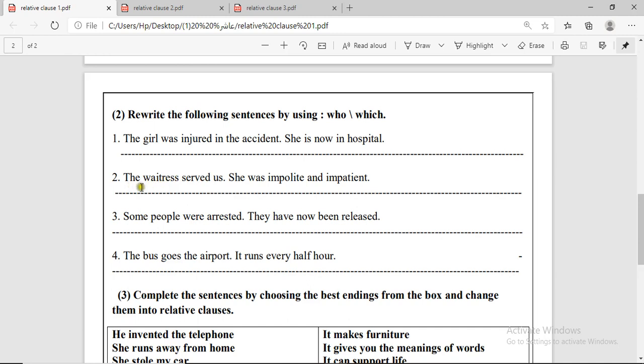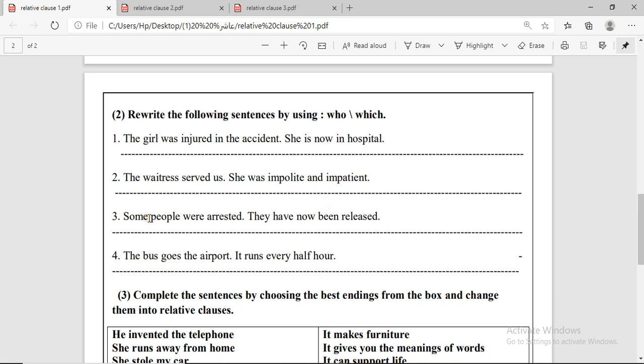The waitress who served us was impolite and impatient. Is it clear? The waitress who served us was impolite and impatient.